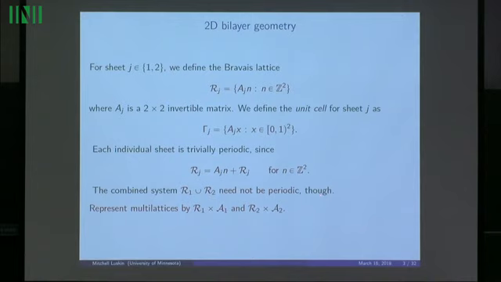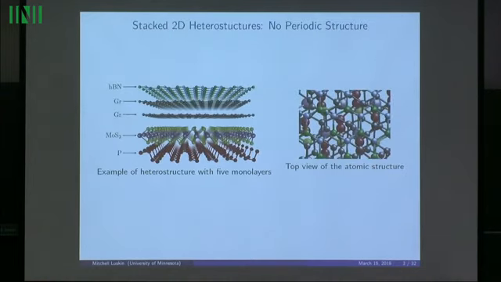Now, the union of these is really the structure we're going to look at. There actually is a distance z between each layer, but that's not going to be important in what I do.